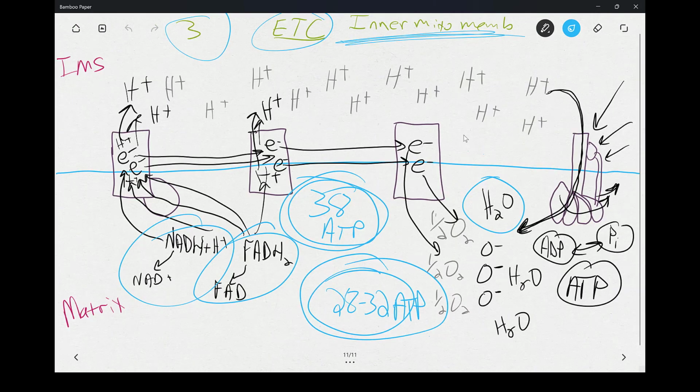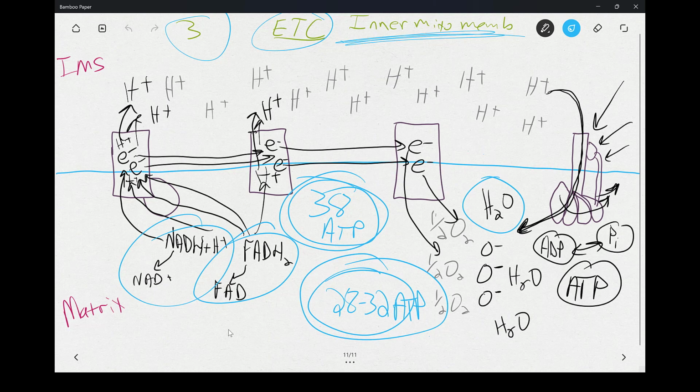Cyanide interferes with one of these protons, which again blocks everything so that the electron transport chain stops. Eventually it stops completely. We don't get oxygen, we don't get any movement, and that will completely stop ATP production, and that's how cyanide poisoning kills someone.